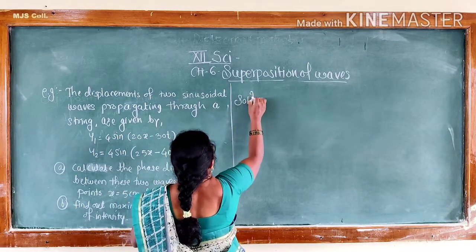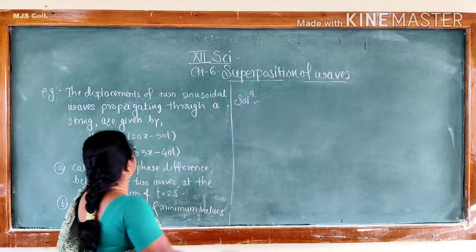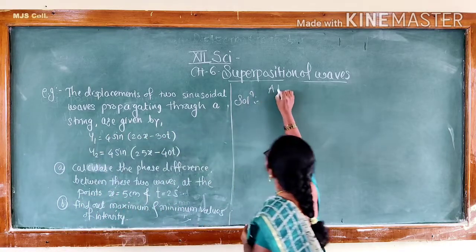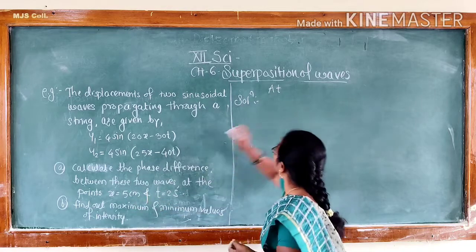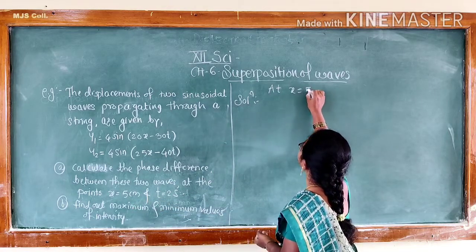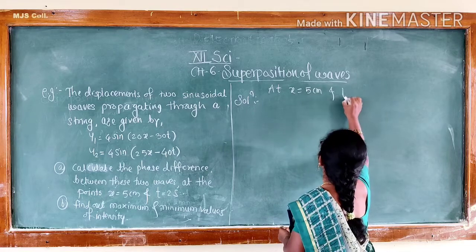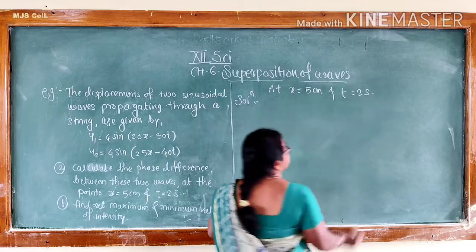Solution, that is here y1 at x is equal to 5 centimeter and t is equal to 2 seconds.